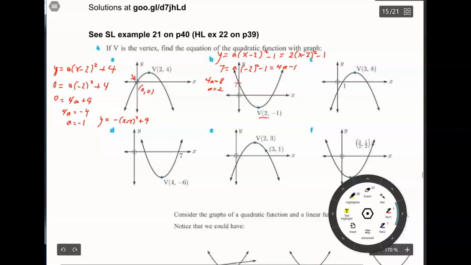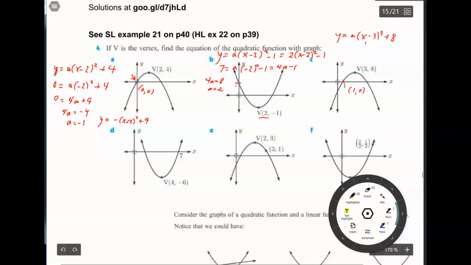C. So for this one, y is equal to a times (x minus 3) squared plus 8. And the x-intercept here is 1. So the point they gave us is (1, 0).